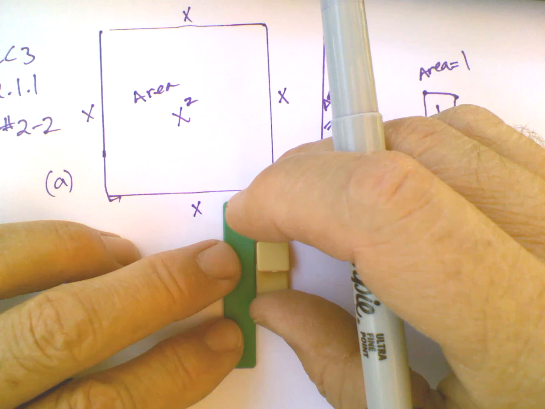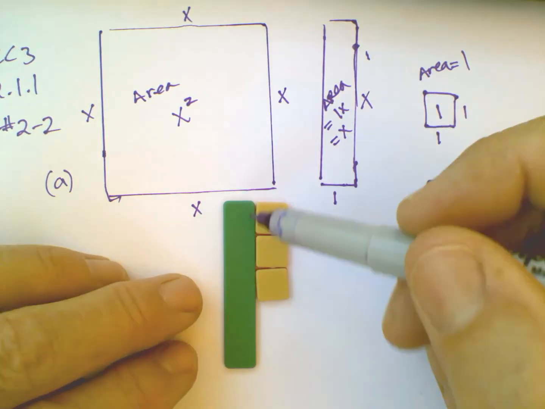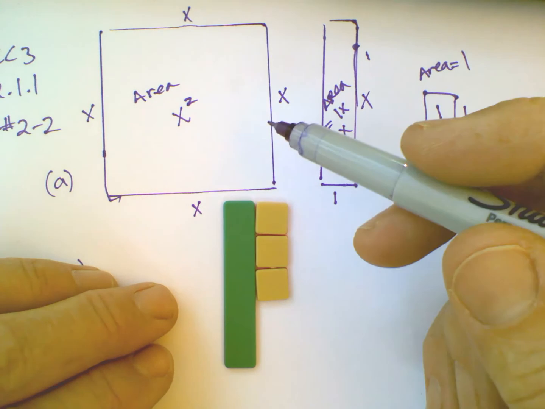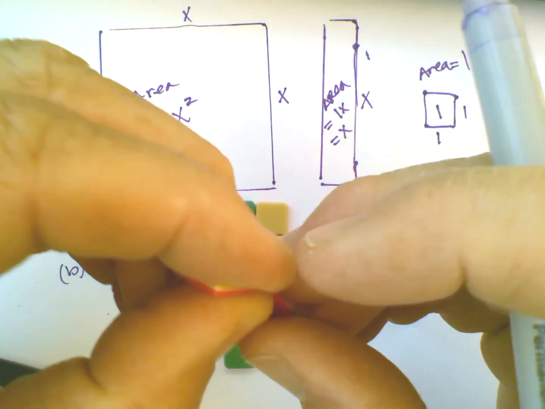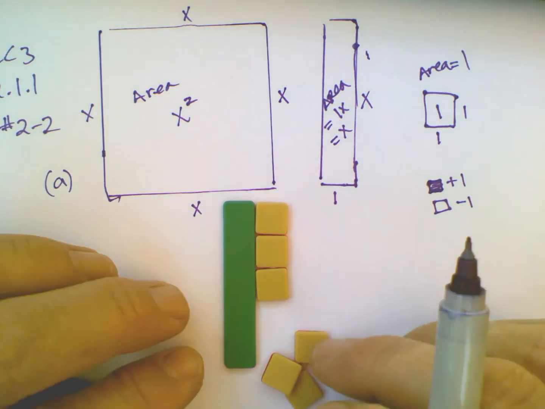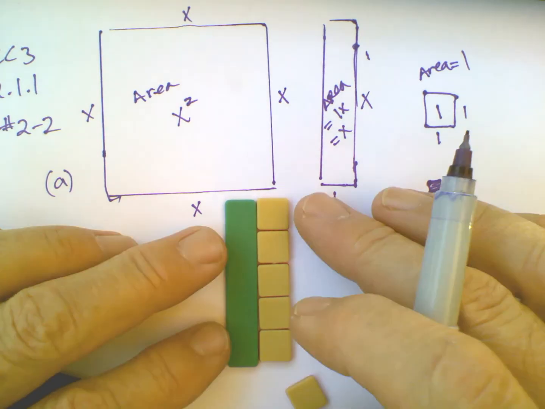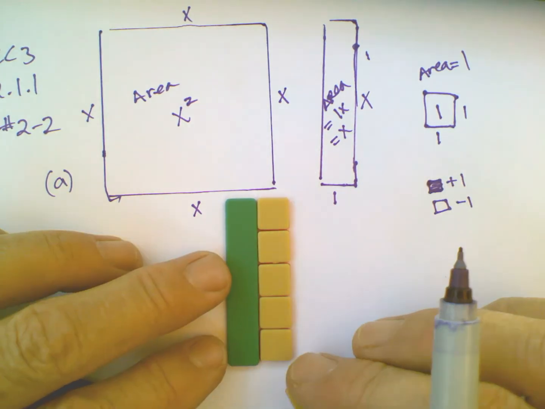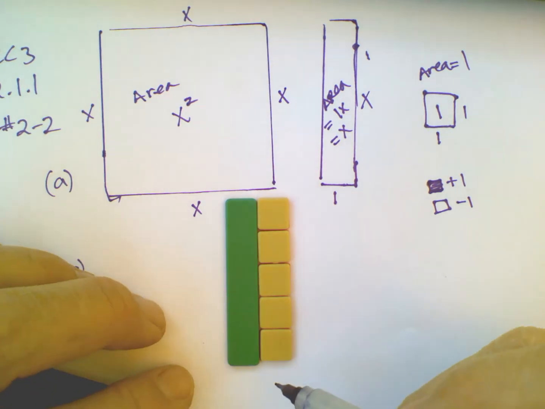You can't use the unit tile to measure this length. If I tried to line up as many ones as I can, there won't be an exact number. It's almost 5, a little bit more than 5, and we don't know what that little bit more is.